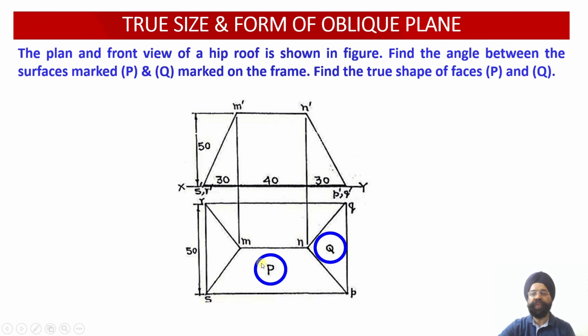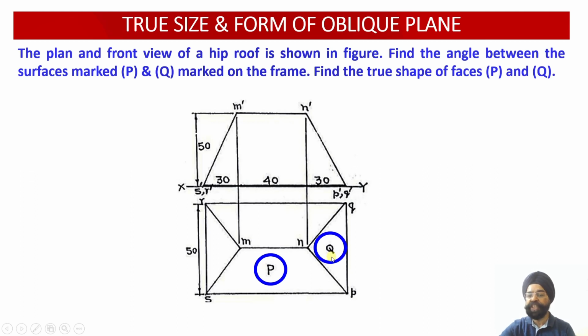So let us see how we can use the auxiliary plane method to evaluate simultaneously the true shapes of lamina P and lamina Q. And one more thing you can see here: corresponding to NPQ, the front view gives us straight away the edge view of this triangular lamina, which is surface Q.